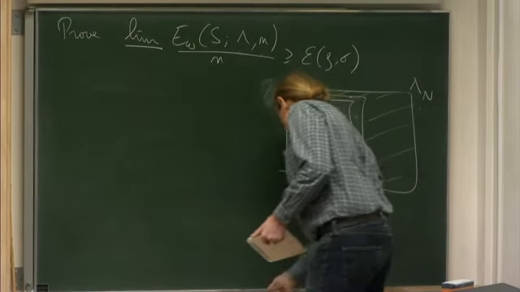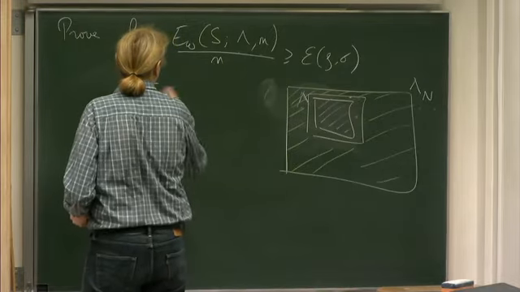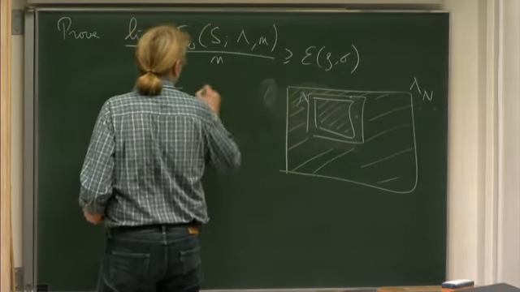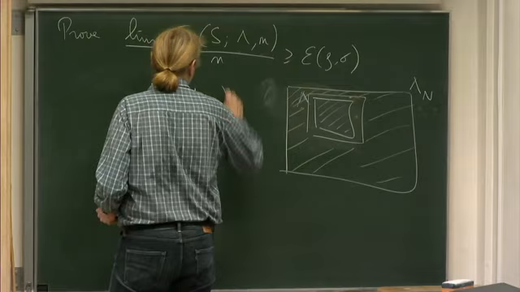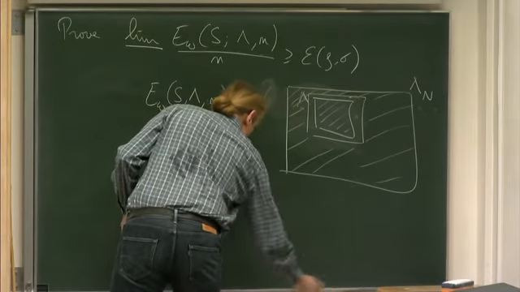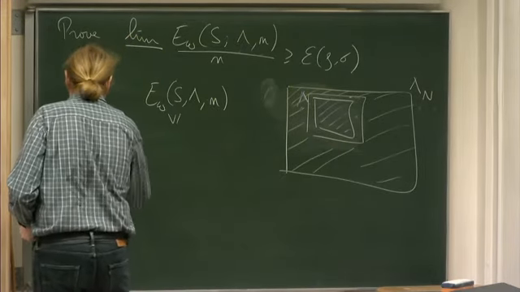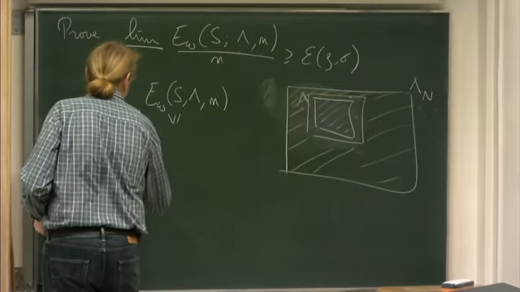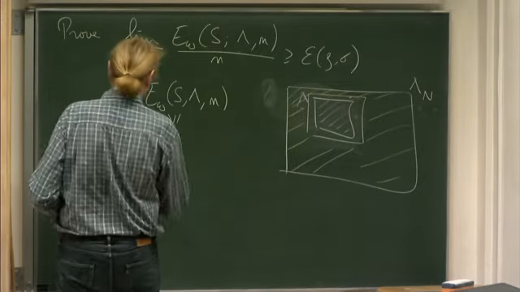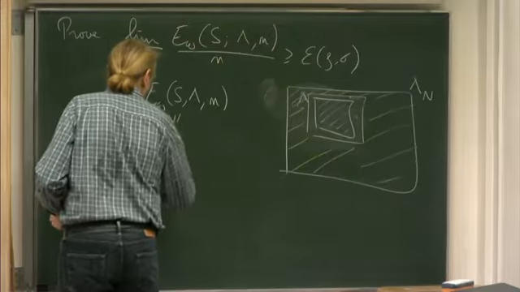So what I want to say is that I write it, it's going to be clearer, as lambda n is going to be bounded from below by E omega S. So I have to say how I divide it.